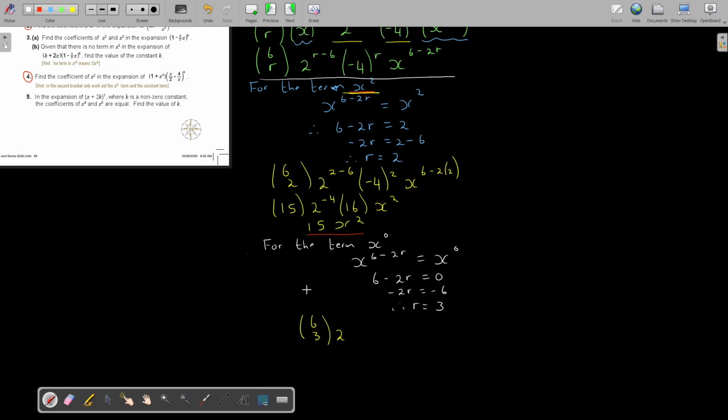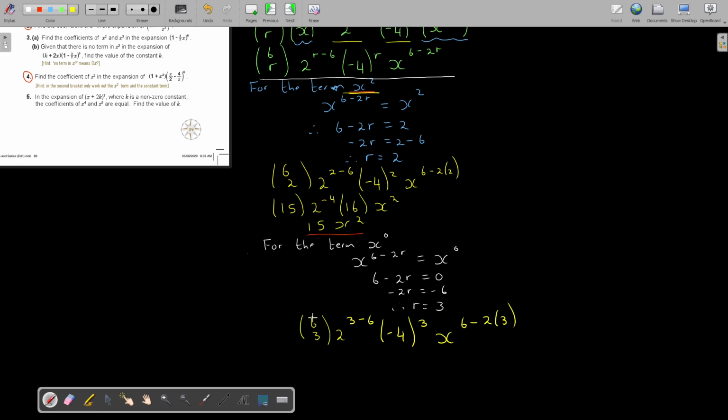Okay. So it's going to be 2, and it's going to be 3 minus 6, and it's going to be negative 4, and it's going to be 3, and it's going to be x, and it's 6 minus 2 times 3.